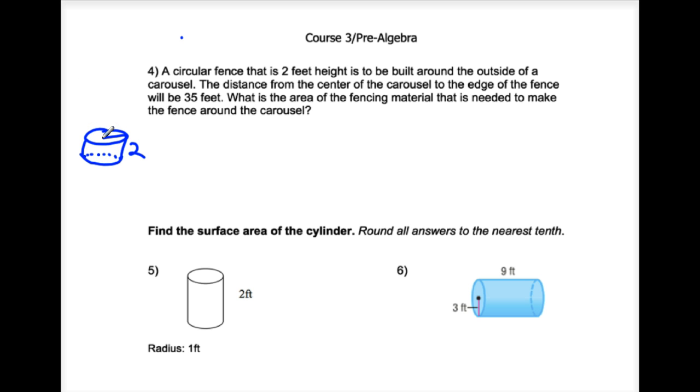So what does that mean? Is 35 feet the radius? Radius is 35 feet. That's the distance from the center to the edge. What's the area of the fencing material that's needed to make this fence around our carousel? Well, again, what are they asking for here, guys? Only the lateral area. We're not going to fence in the top or the bottom. Just the lateral area.